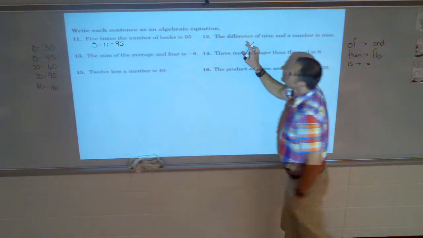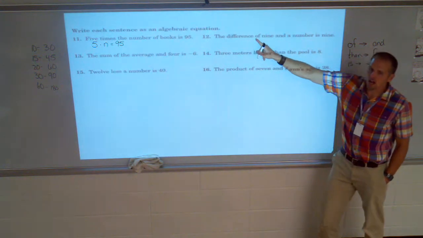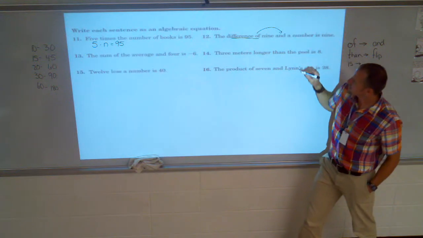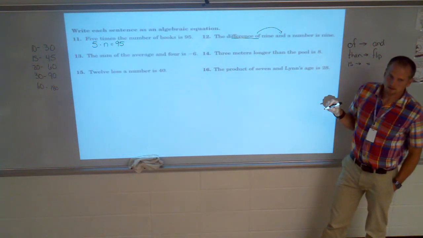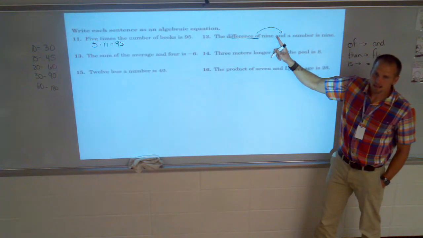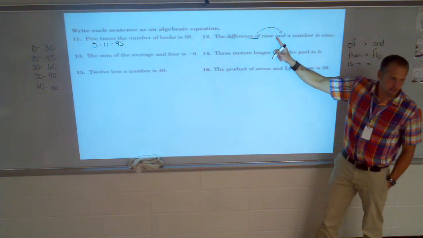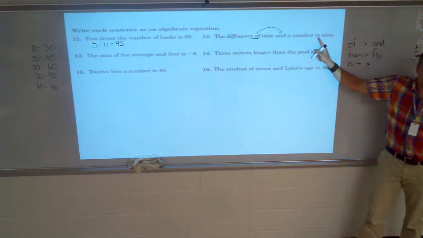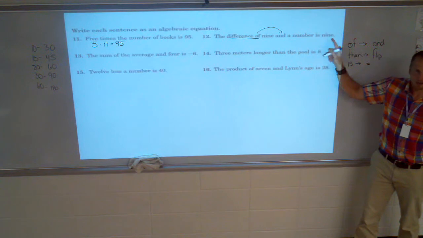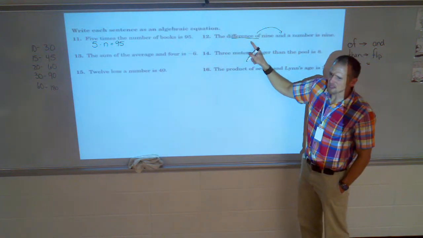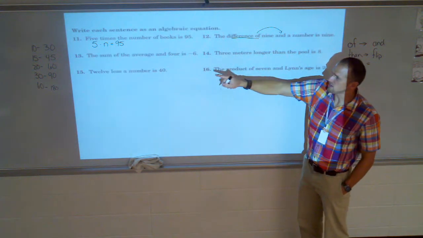Number 12. The difference of. Find the and. The difference of 9 and a number is 9. Calvin, tell me what to write. What does difference of mean? Not division.